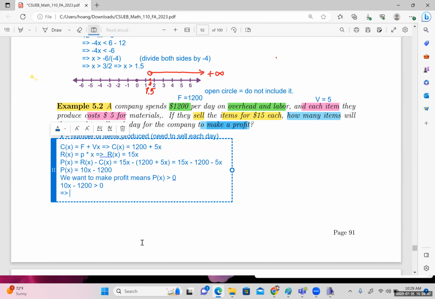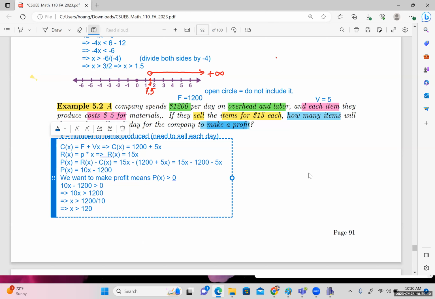I have 10x greater than 1200, and then I divide both sides by 10. 1200 divided by 10, then I have x greater than 120. So that means what?